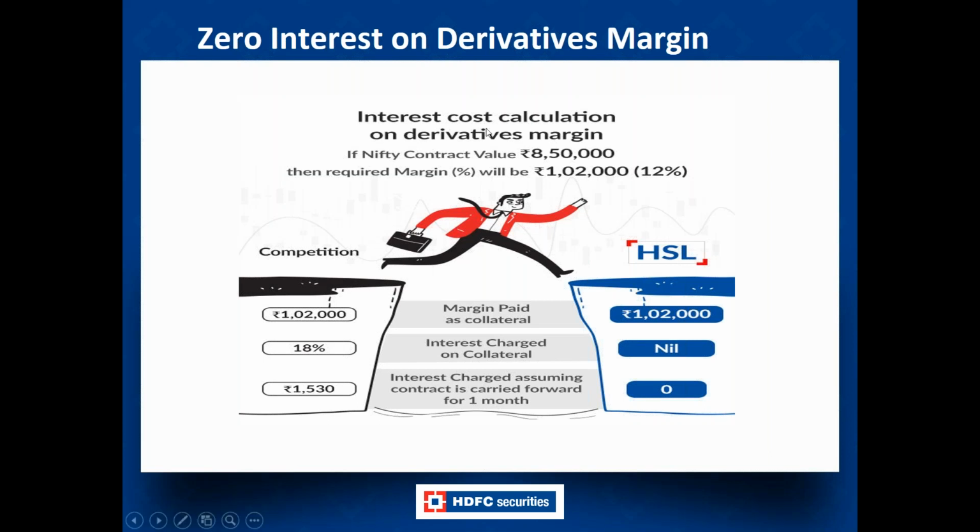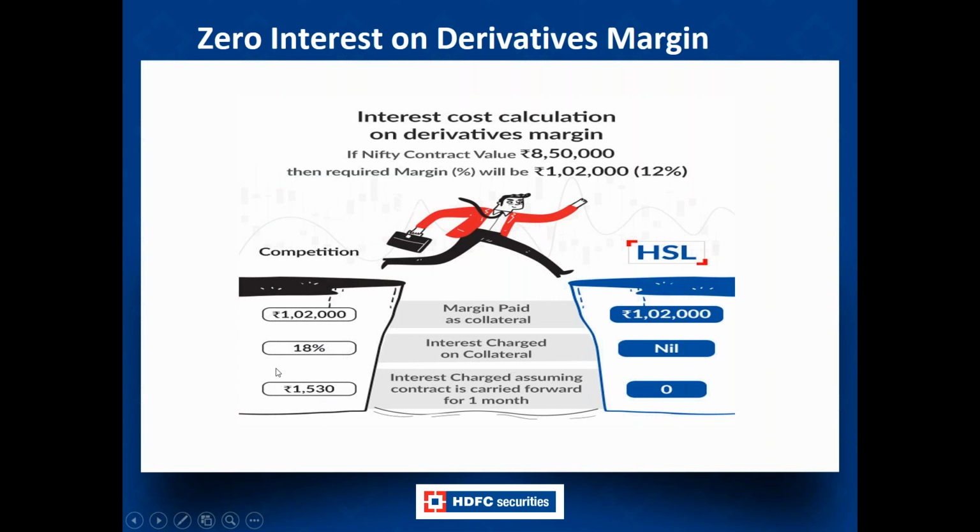So here I have taken an example. Suppose I want to buy one Nifty future where the margin requirement is 1,02,000. I don't have any funds with me. So what I can do is pledge some of my shares, and against the margin I receive, I can take a long position in Nifty future. Our competitors charge an interest cost of around 18% on average.